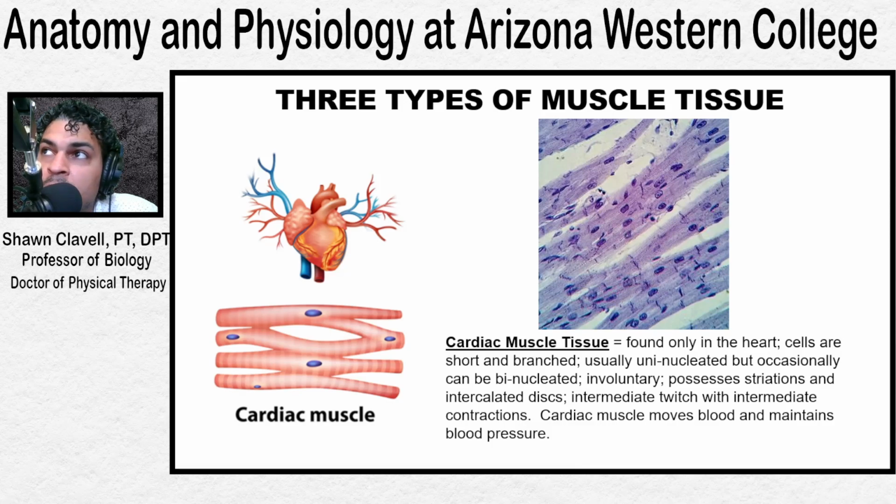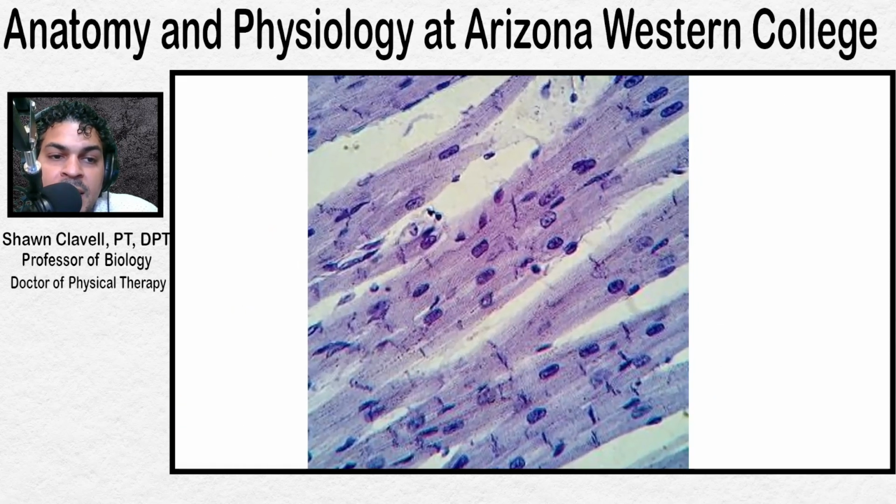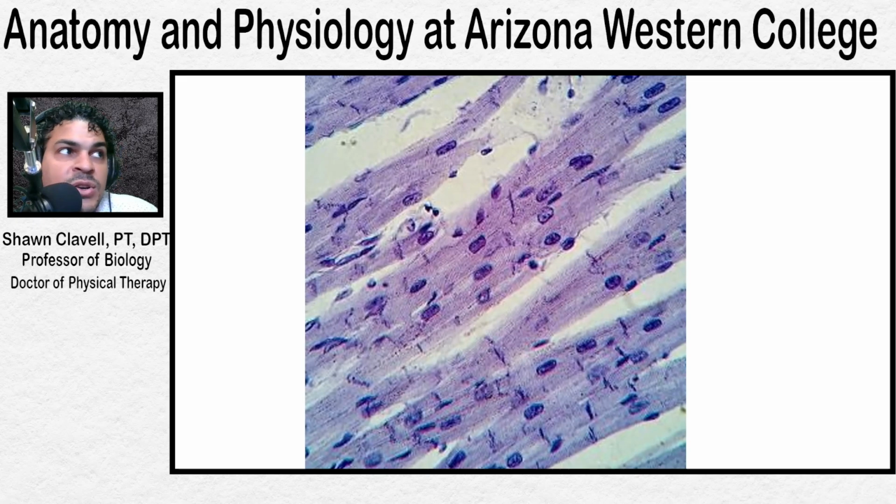Cardiac muscle tissue is only found in the heart. These cells are short and branched. They're usually uninucleated, but occasionally can be binucleated. These muscles are involuntary. They possess striations, as we saw with skeletal muscle tissue. Another unique structure of cardiac muscle tissue is the prevalence of intercalated discs.